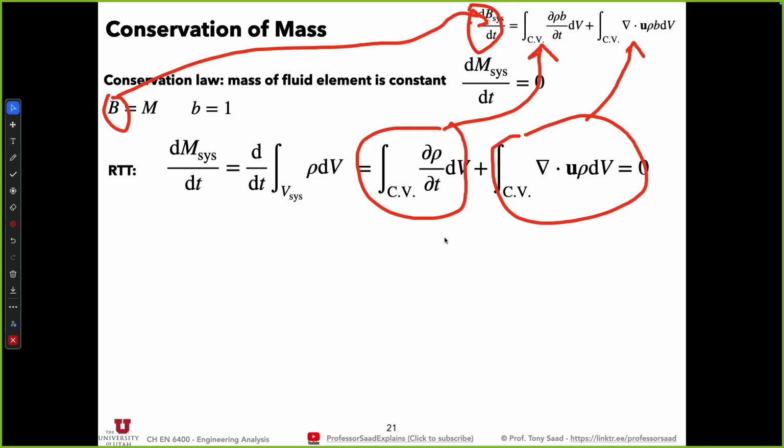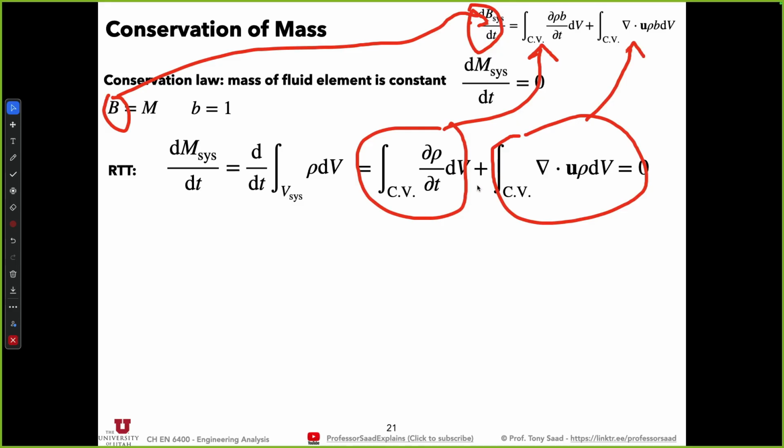Now, remember the argument I made when we did the balance equation. This is a volume integral equal to 0. We didn't say anything about the volume. This applies for an arbitrary volume. And I made the analogy, if I tell you integral of f of x equals 0 for any bounds, for any a to b, the only logical conclusion is that f of x is equal to 0 everywhere.